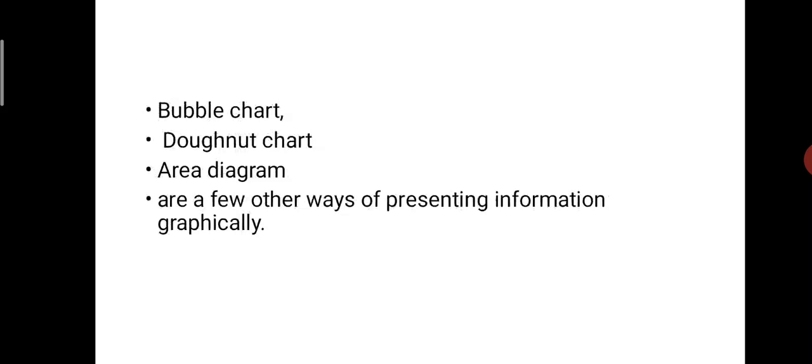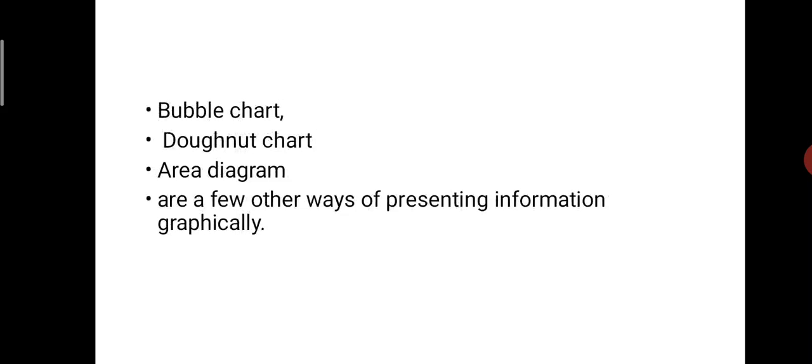The donut chart is in the shape of a donut, that's why it is called a donut chart. And the area diagram is about the particular area, that's why it is called an area diagram. In this way you are going to write the descriptive paragraph with the help of these various types of visual presentations. So here we end.